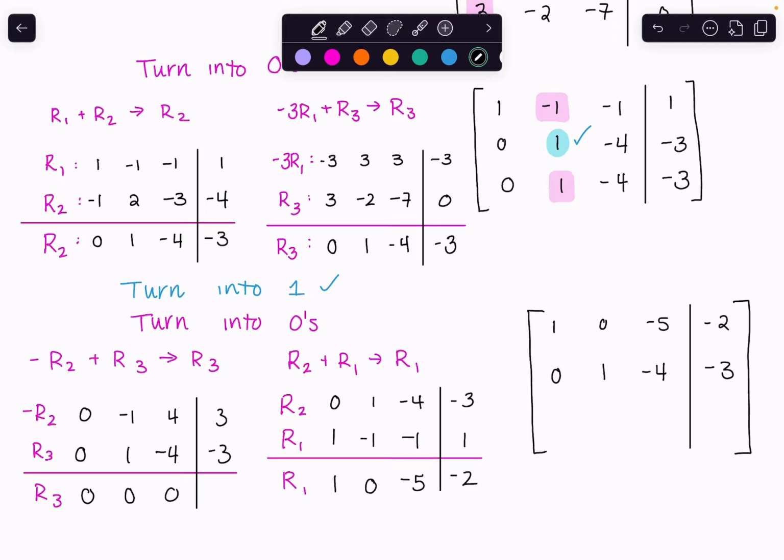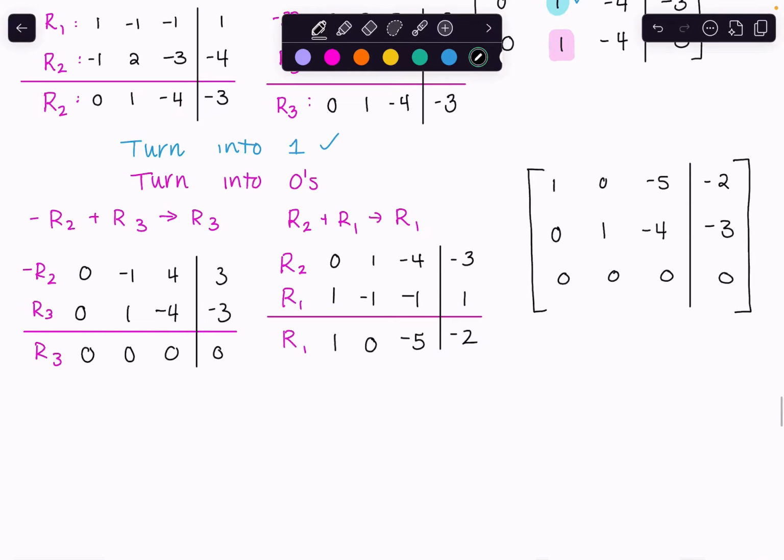So adding those together wipes everything out, and you get a row of zeros. Okay. So what actually happens is this last row tells us that 0x plus 0y plus 0z equals 0, which is really just saying 0 equals 0. That is always a true statement.